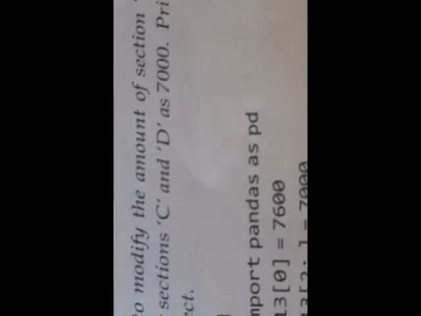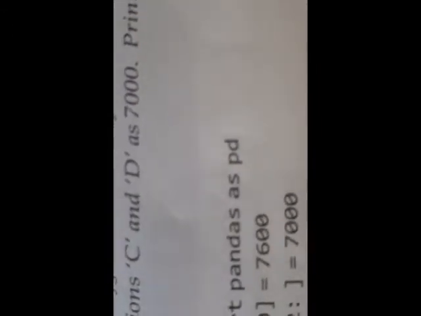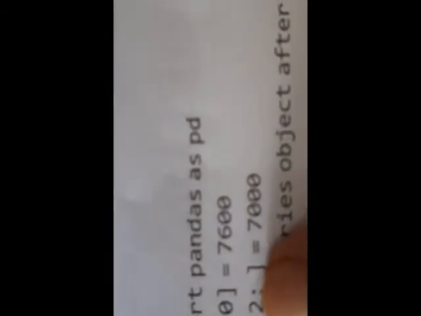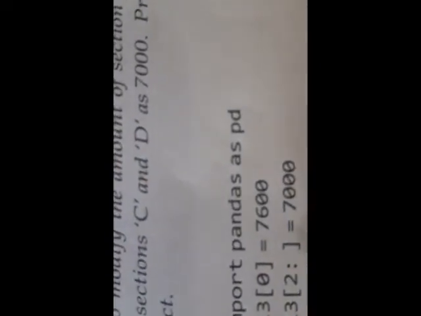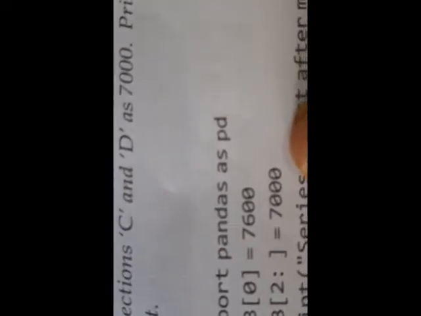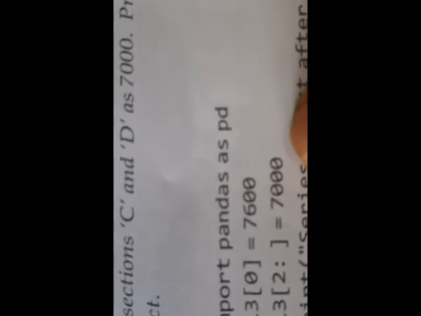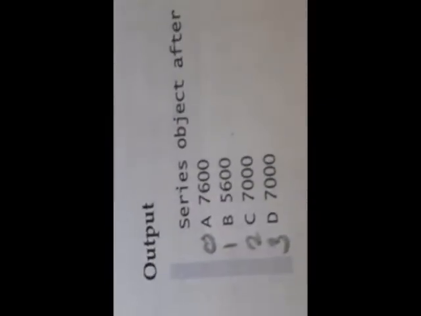Then we have to change C and D. C begins from 2 and goes up to the last, that's why the last index and step are not given. And we are going to change it to 7000. Now the series object after modifying, we are printing it, and the output is this.